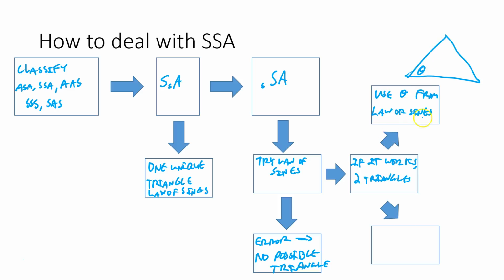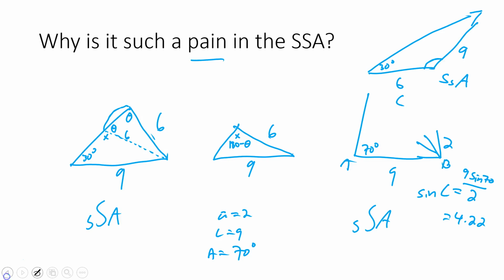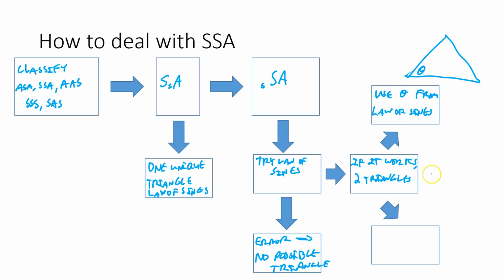And then the other one that you're going to use, and we kind of talked about this in the last slide, it'll be 180 minus theta. So you'll do the same thing. The triangle will look a little bit different. So it might look something like this. This might be swung in or it might be swung out, but this will be 180 minus theta. And then you'll solve it using that angle instead.